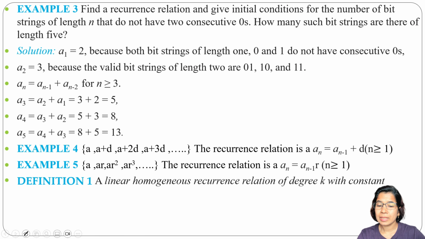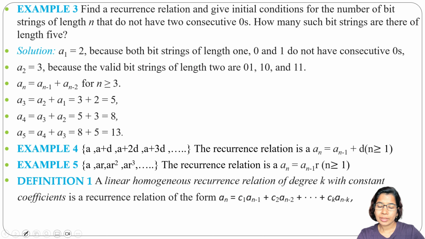Next we will discuss the linear homogeneous recurrence relation. The definition of a linear homogeneous recurrence relation of degree k with constant coefficients is a recurrence relation of the form a_n equals c1 a_(n-1) plus c2 a_(n-2), and it will continue till ck a_(n-k).